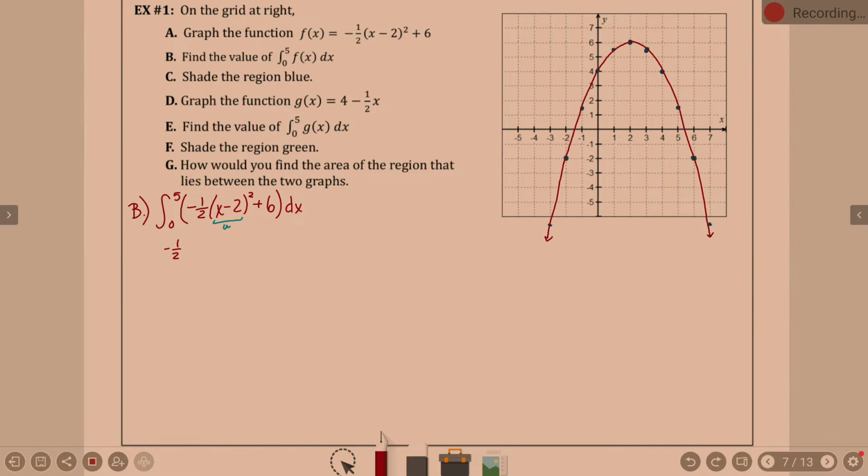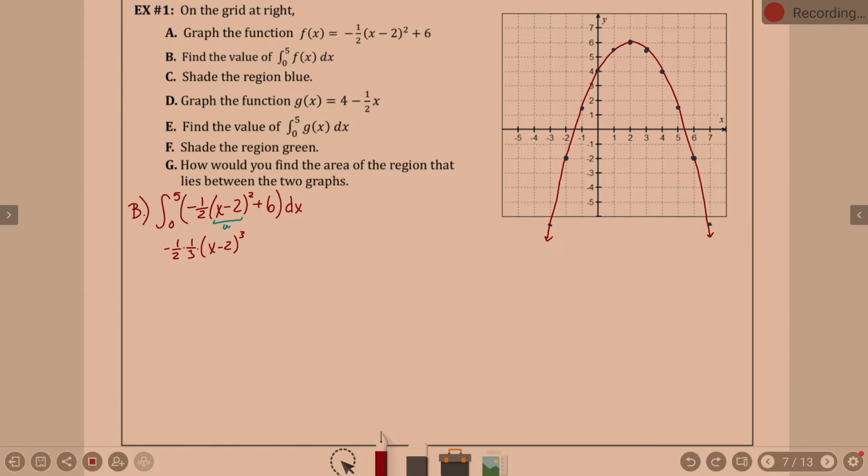And I have something raised to the second. What is the integral of something raised to the second? We're going to add 1 to the power. So that 2 is going to become a 3. And we're going to divide by 3. So we're going to have a 1/3 out front, excuse me.